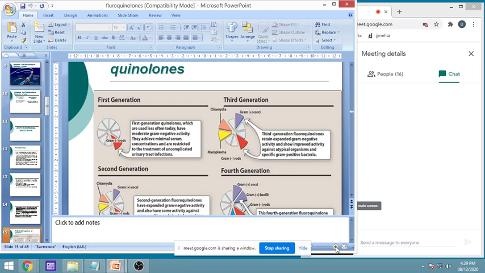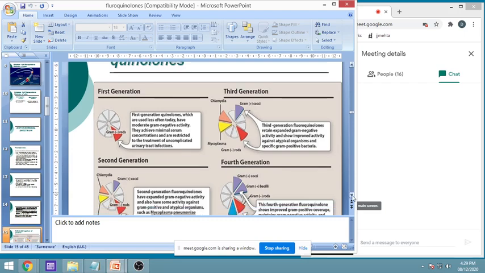Only nalidixic acid is there, so they are not used much. They have moderate gram-negative activity. They achieve minimal serum concentration and are restricted to the treatment of uncomplicated urinary tract infection. An example is nalidixic acid.